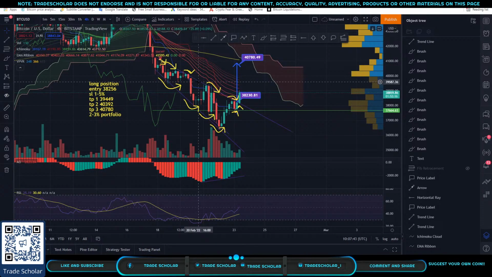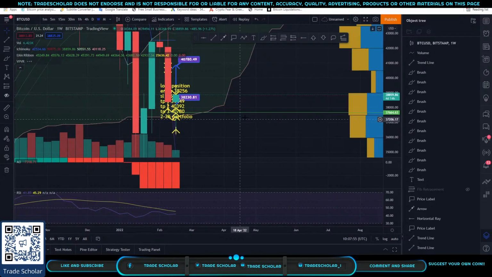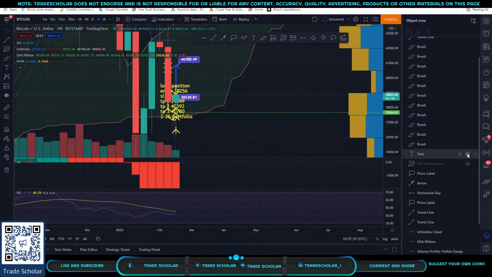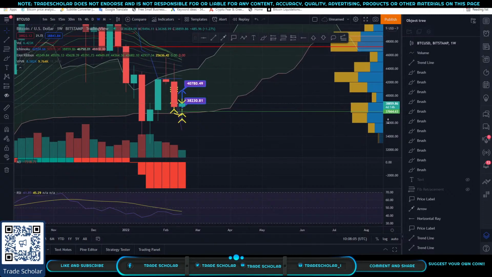That's how you do your support and resistance. You draw where the candle gets rejected and where the candle gets supported. That's support and resistance for the weekly time frame, to find the basic support and resistance. Let's hide the text. For the weekly time frame, the previous low last week and the previous high are also support and resistance.